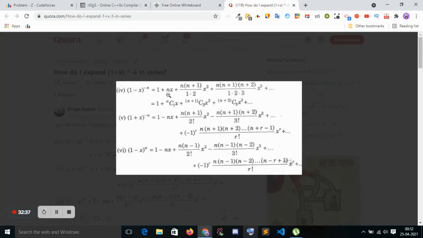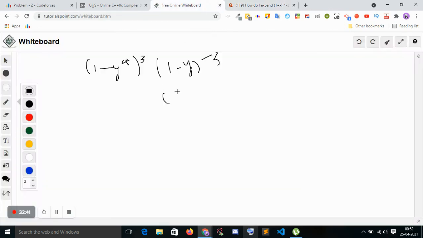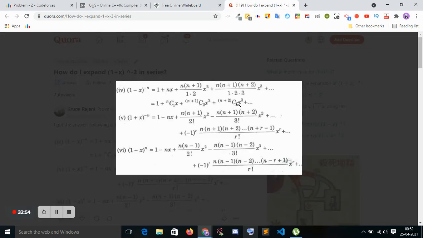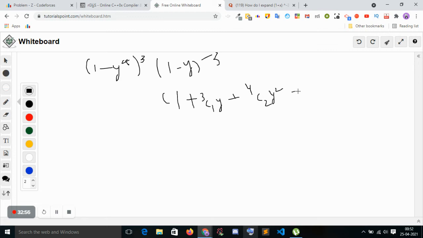So 1 plus, n is 3, so it will become 1 plus 3C1 y plus 4C2 y square, 3 plus 2, so 5C3 y cube plus dot dot dot.